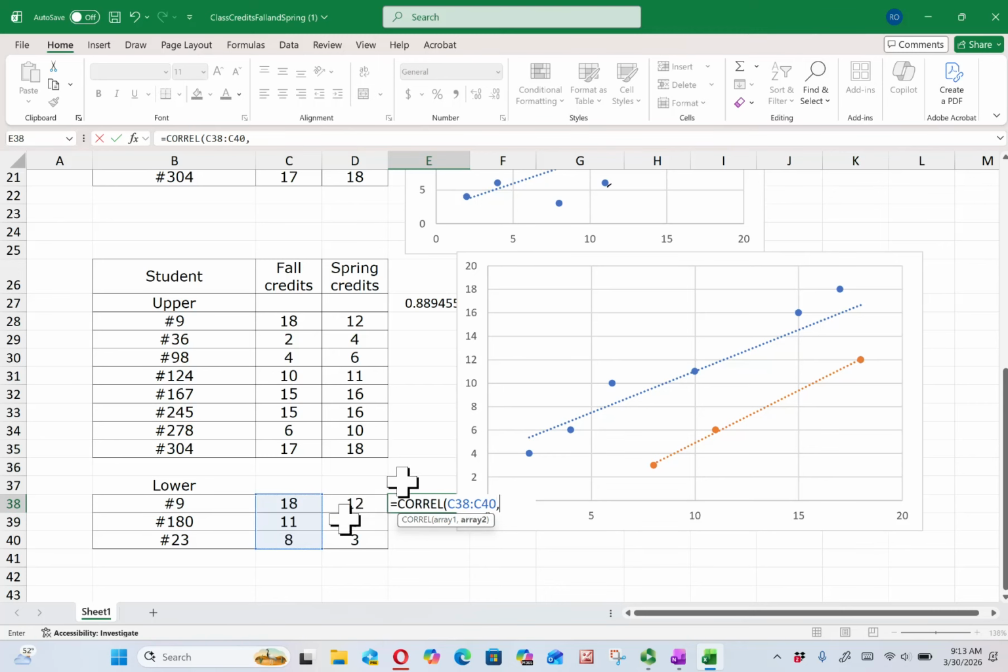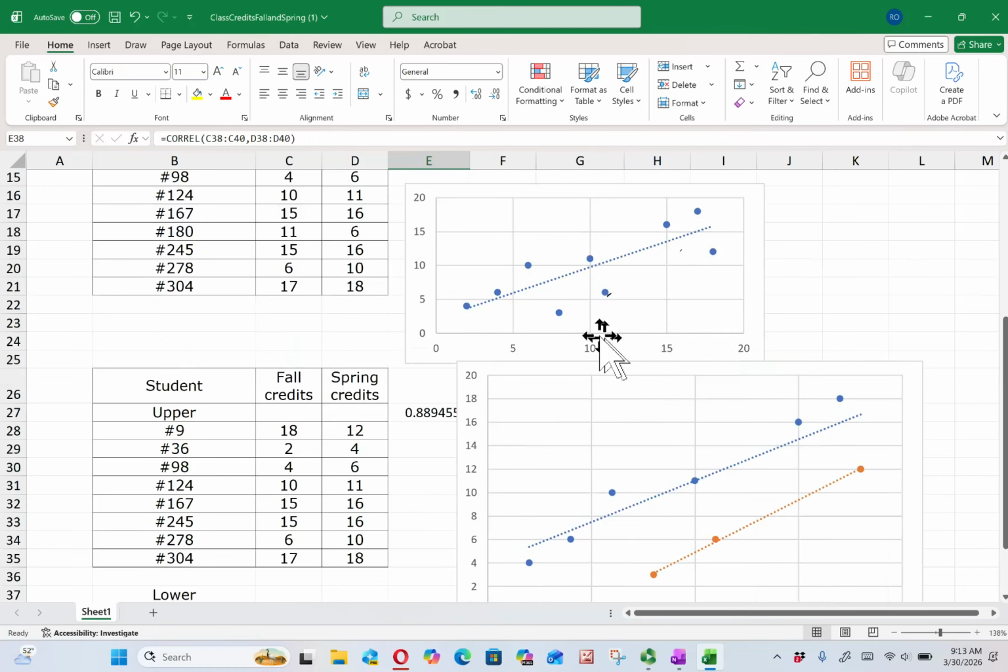First, second, and the correlation for the lower group is nearly perfect. So when I separate those two groups, I get better relations, better correlations in both of them. Because the original one was trying to fit all those points at one time.